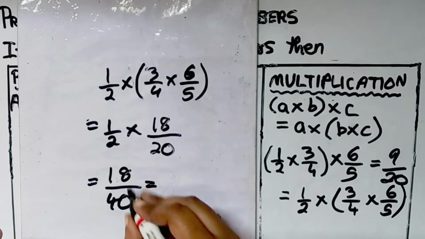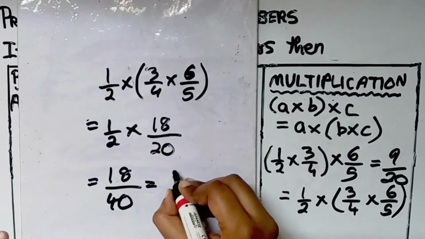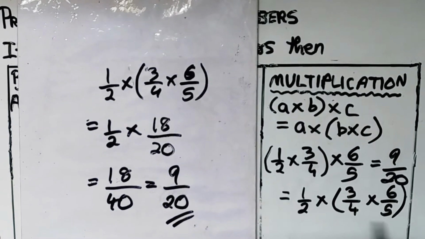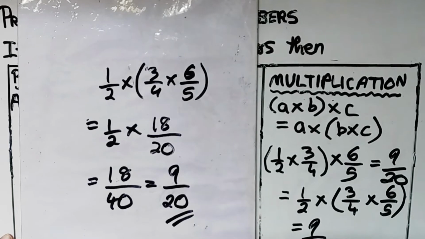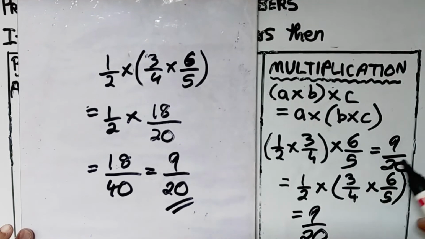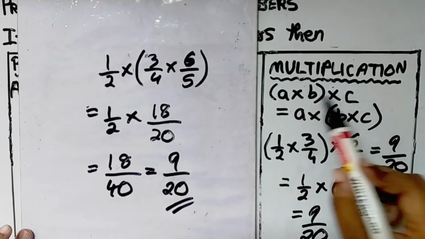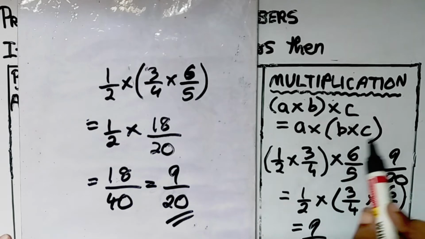We can reduce it further by dividing by 2. So it will become 9 upon 20. So here also we got 9 upon 20 and the other side also we got 9 upon 20. That means these two are equal. This property is verified.